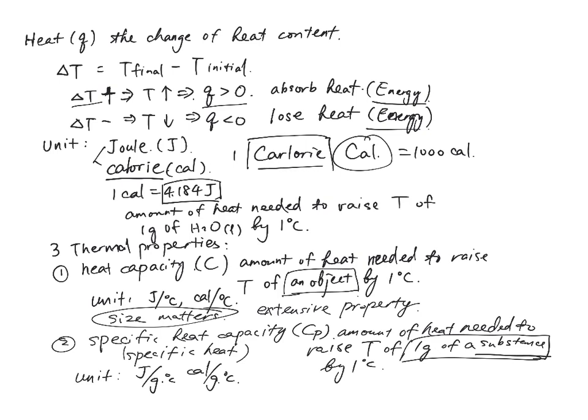It would just need the exact same amount of energy to raise 1 gram of that water by 1 degree Celsius. So for specific heat capacity, size doesn't matter because we have already limited the size.